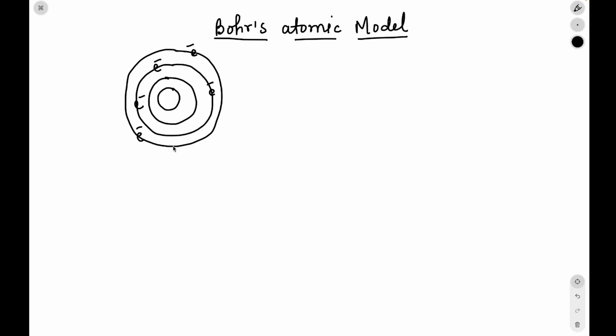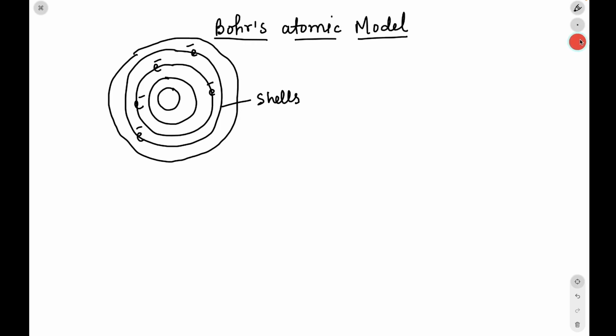These orbits are also called shells and are labeled as K, L, M or N, or numbered as first shell, second shell, third shell or fourth shell and so on.